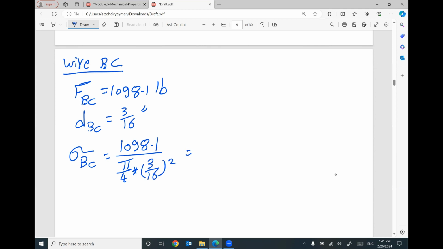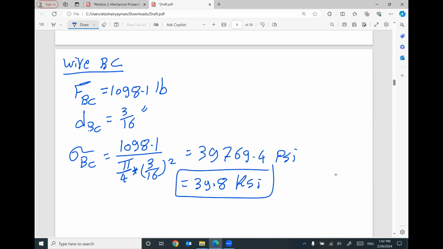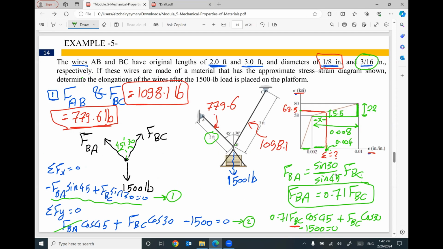So the stress equals 39,769.4 psi. I will divide it by 1,000 to be 39.8 ksi. So the stress is 39.8.